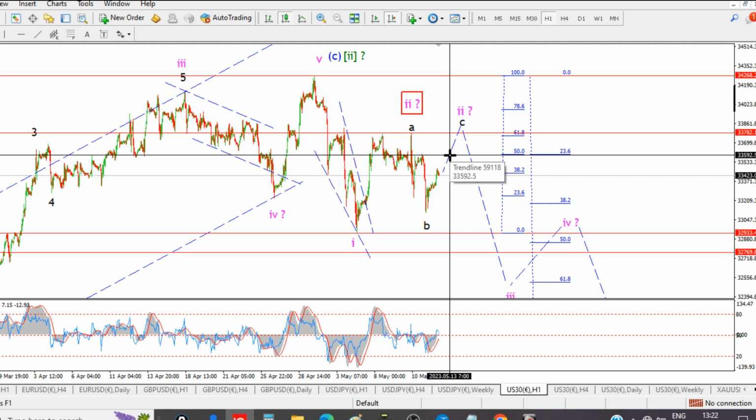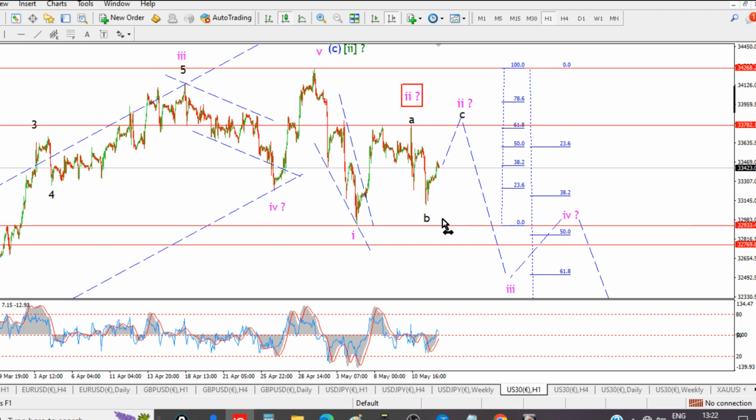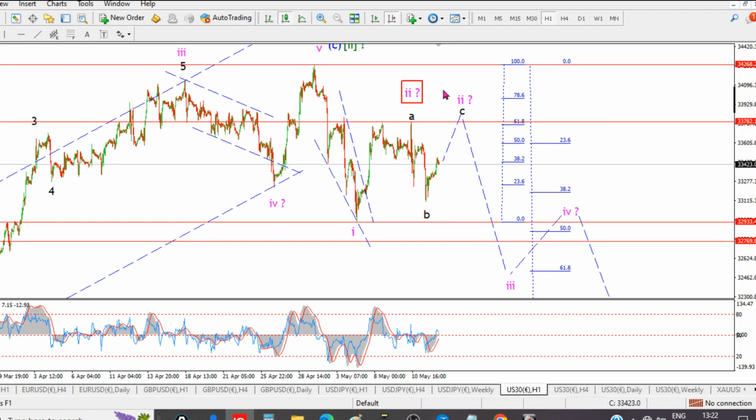I would suspect if we break 33,600 today, that would probably suggest that we're going up to about 33,850 in wave C of 2. I wouldn't want any more than that. I would look for an early turn down next week into wave 3. But so far, we're still building this 1-2 pattern here. I haven't ruled out the bearish wave count at all.